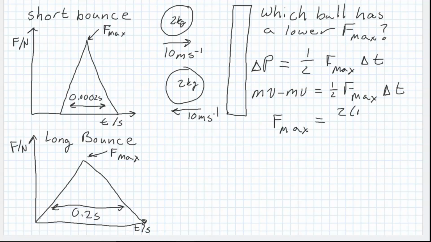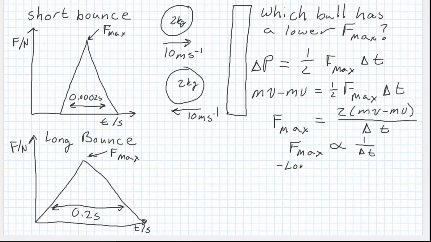I get F max equals 2 times (mass times final velocity minus mass times initial velocity) divided by our change in time, delta t. Okay, and I can see right off the bat that F max is going to be proportional to 1 over delta t, meaning that as time gets bigger, F max is going to get smaller.